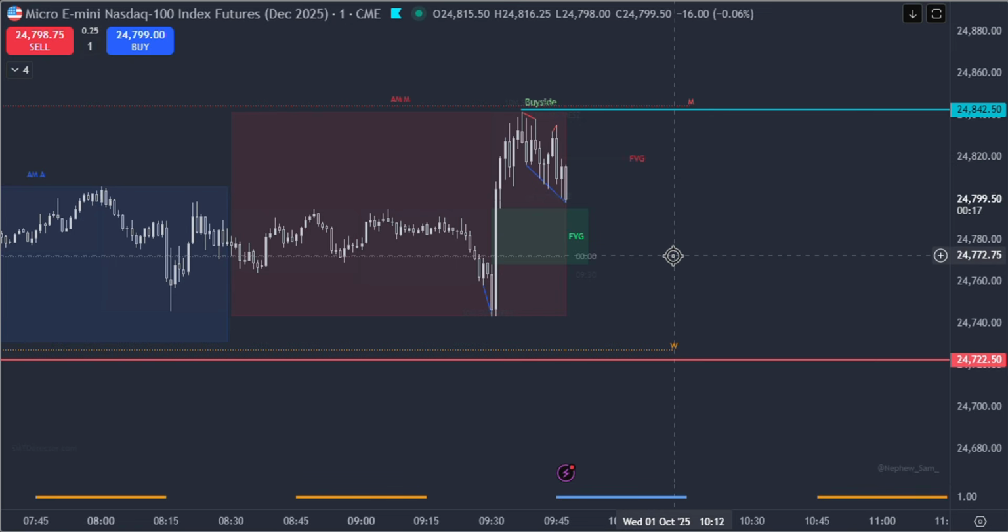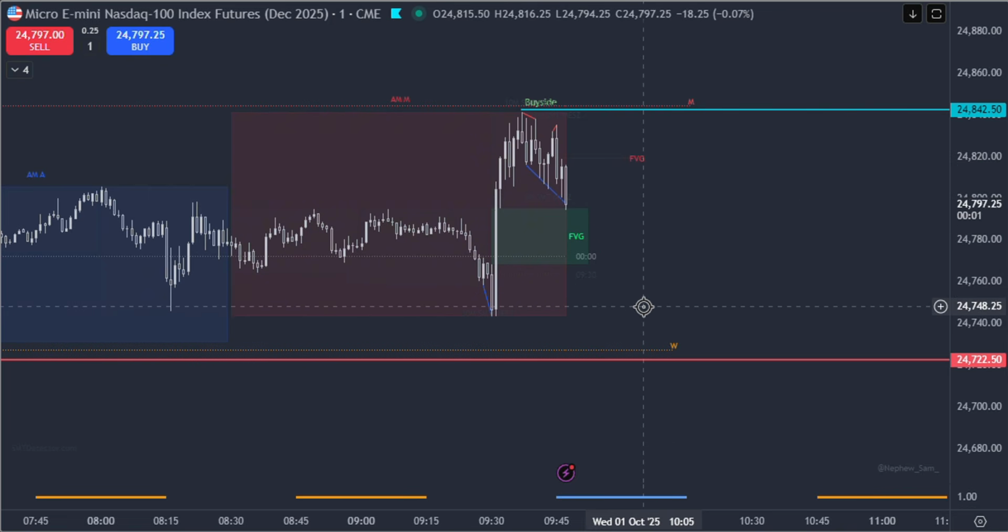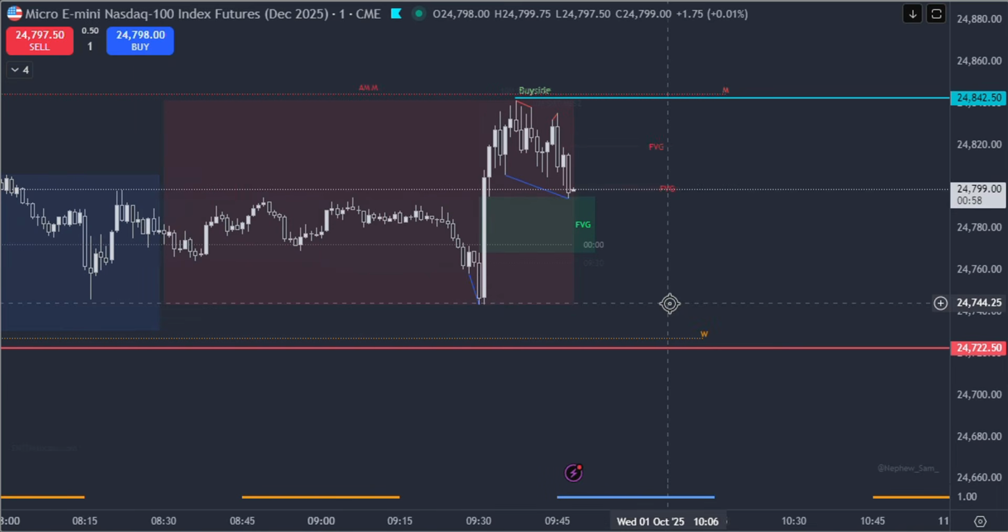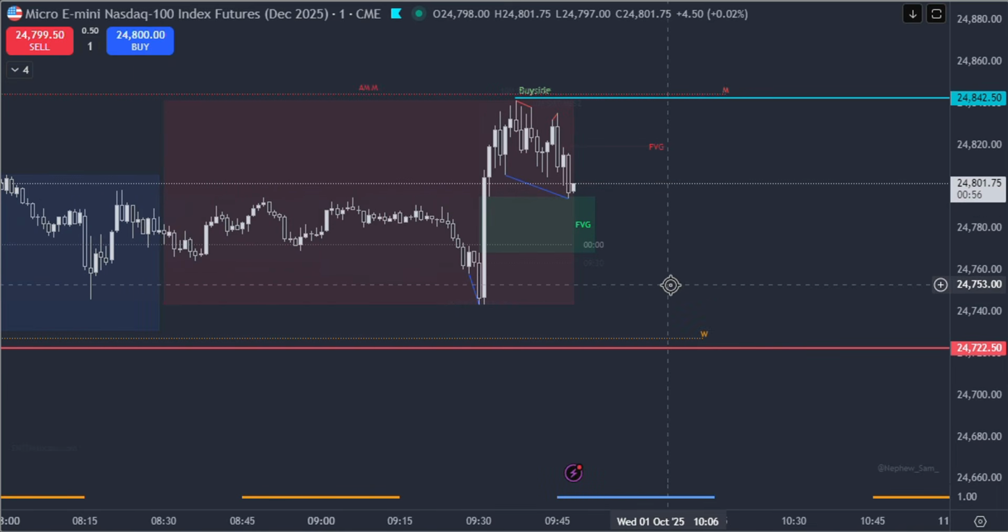If you don't know what CSD is, it's pretty much a market structure shift, okay? Other people also like calling them breaker structures. Everybody starts naming everything different, okay? I just like to keep it simple.